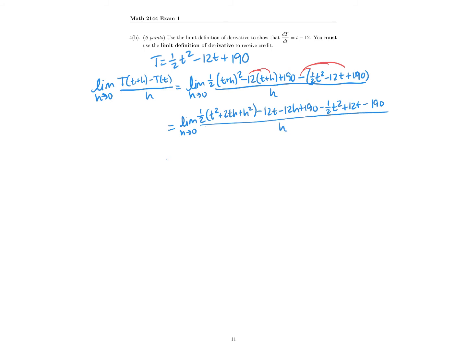all over h. So I get the limit as h goes to 0. Now I'm going to distribute the 1/2 into each of those. So 1/2 t squared plus, 2 times a half is 1, so plus th plus 1/2 h squared minus 12t minus 12h plus 190 minus 1/2 t squared plus 12t minus 190.